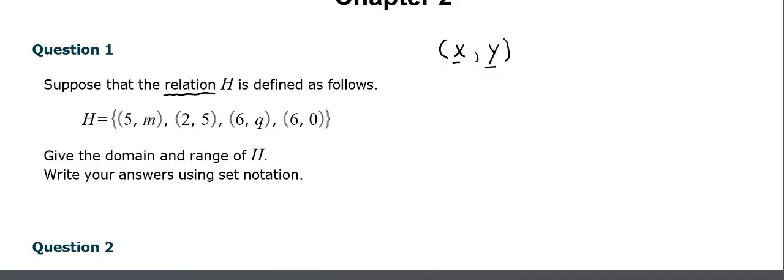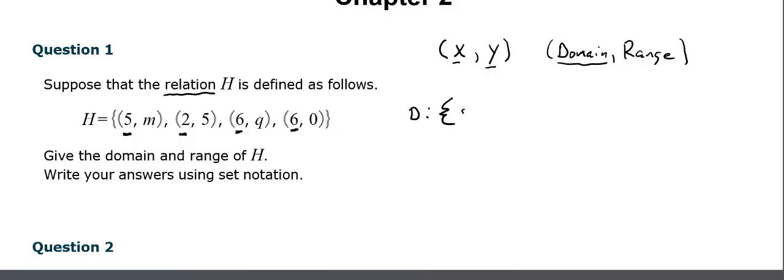When we're talking about relations and functions, the x value is referred to as the domain, and the y value is referred to as the range. So the directions say write our answers using set notation. The domain would use braces, and we'd list only one time all the first elements, the x elements, which we're calling the domain.